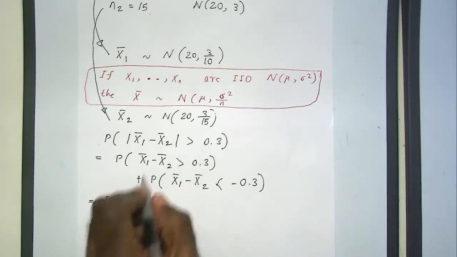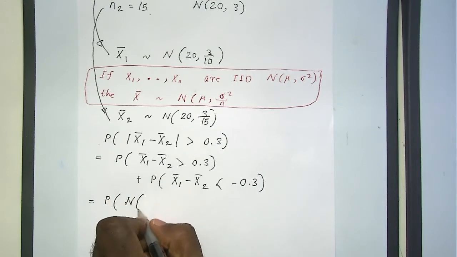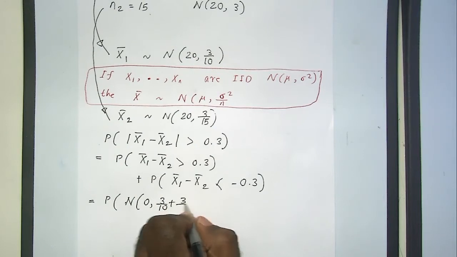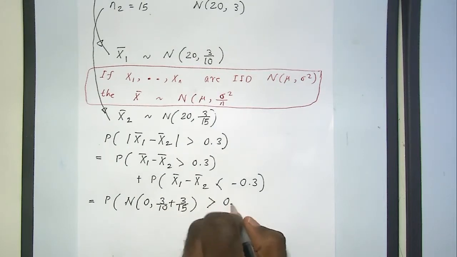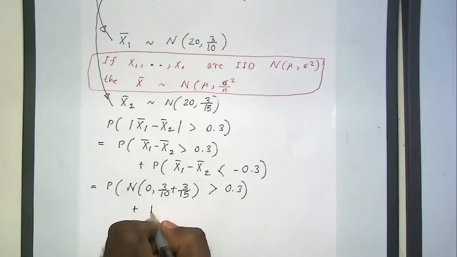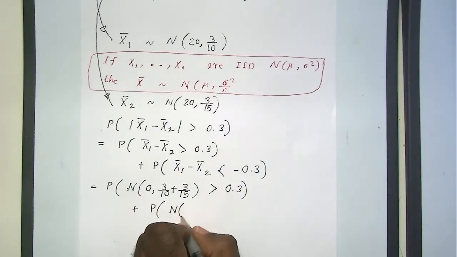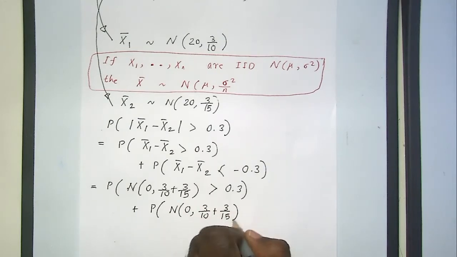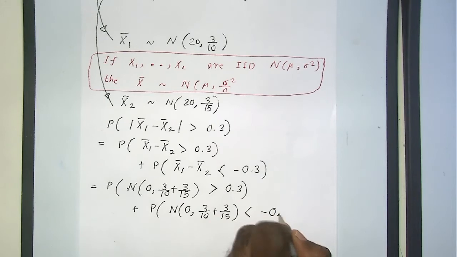So that will be normal with mean 0 and variance this. Just be patient, guys. Less than minus 0.3.